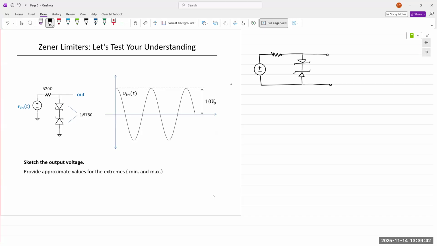And you're taking the output across here. And they're both the 1N750. Okay, so this is V in, this is V out, plus minus at the right.